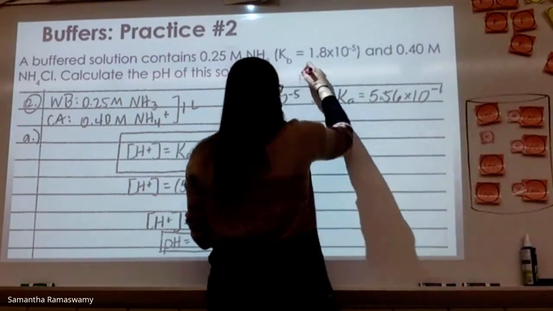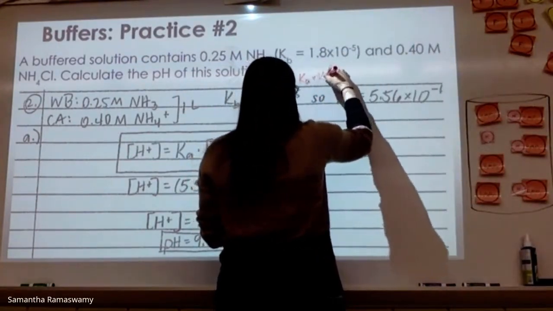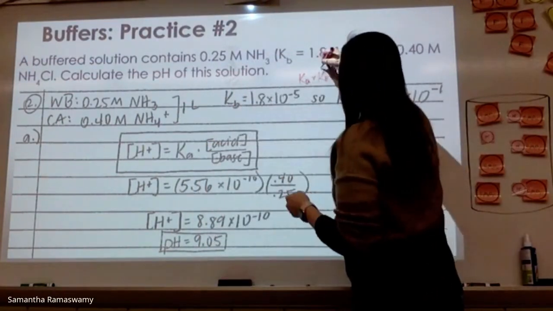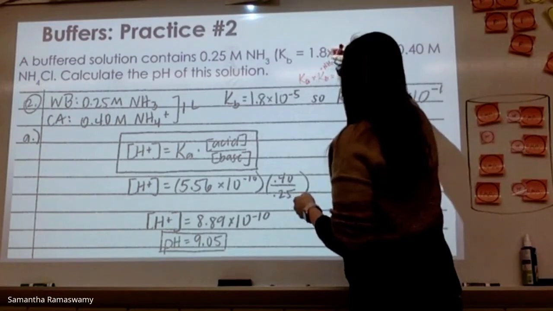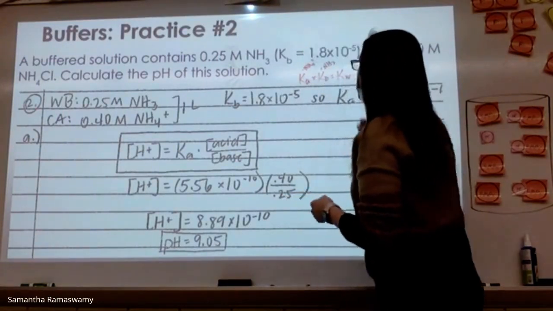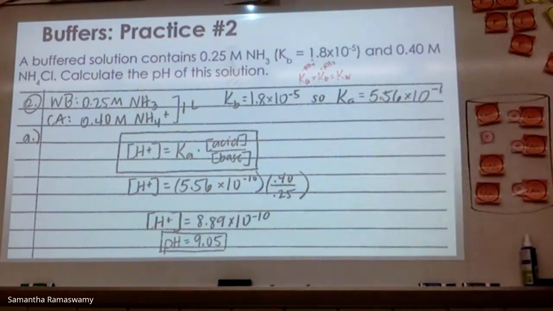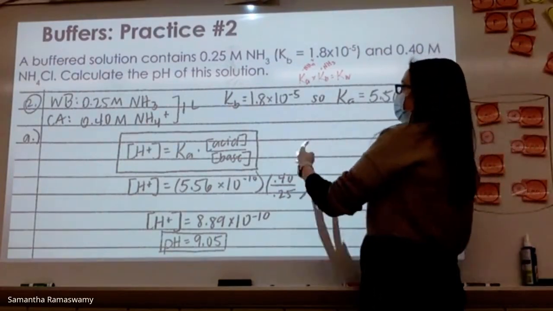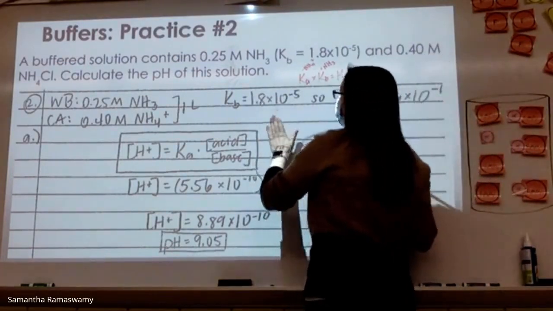What we were doing is we were figuring out the Ka for NH4 plus. The Ka is for the acid. This is why I added this to the practice questions. It's okay if they give you Kb, but then you have to find Ka to plug it into the buffer equation.